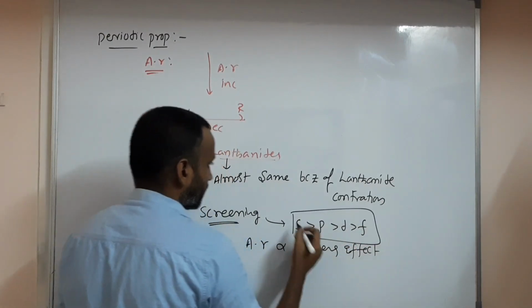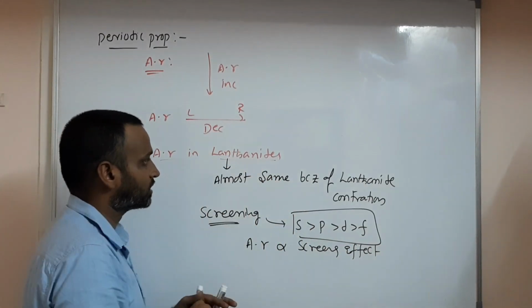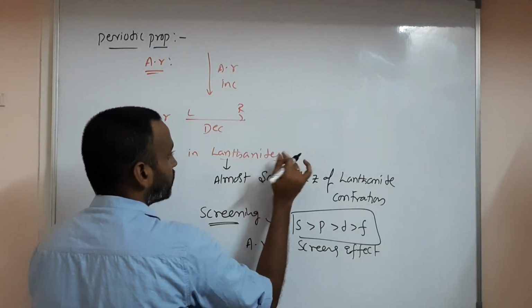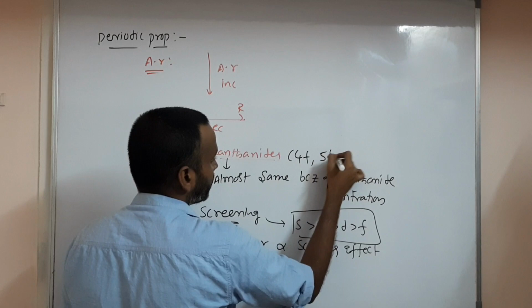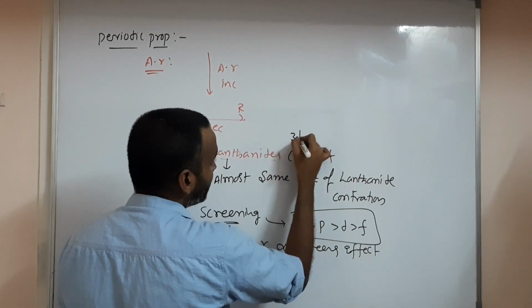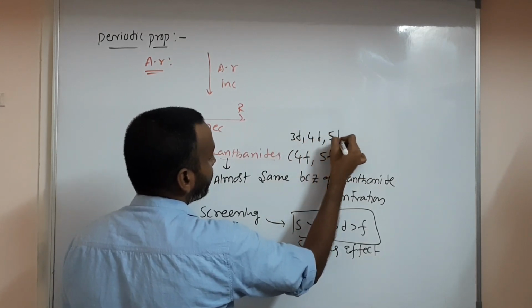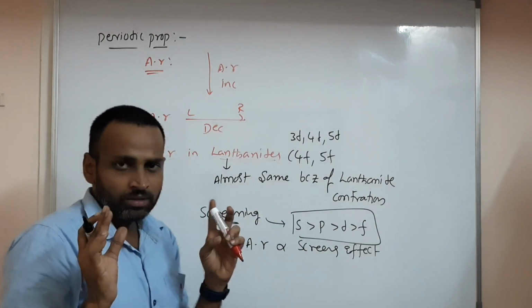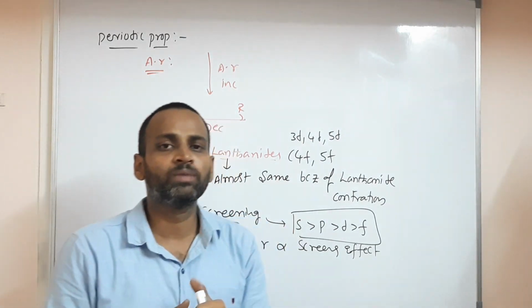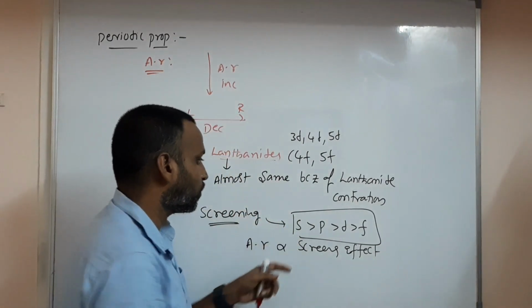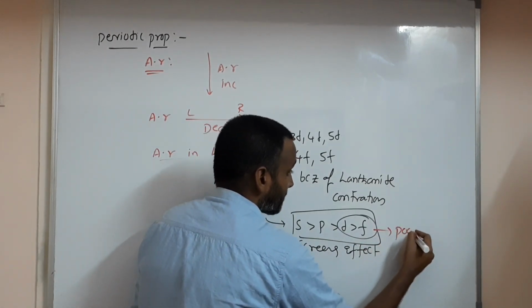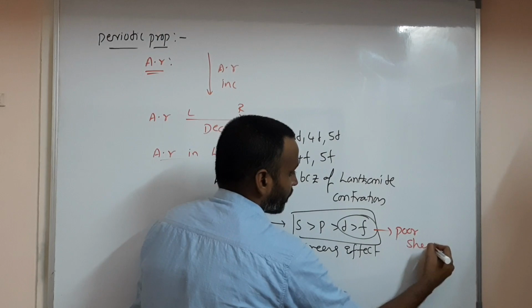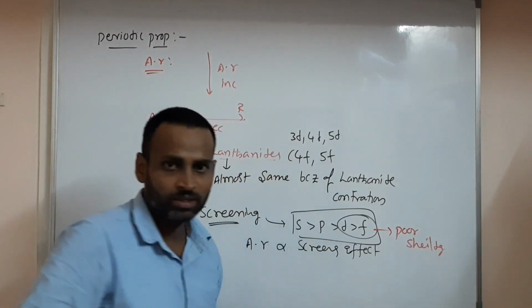This is the order of shielding. But in lanthanides and actinides, 4f, 5f, and even 3d, 4d, 5d, there is also almost similar atomic radius due to poor shielding. D and F are poor shielding. Shielding or screening, both are the same.